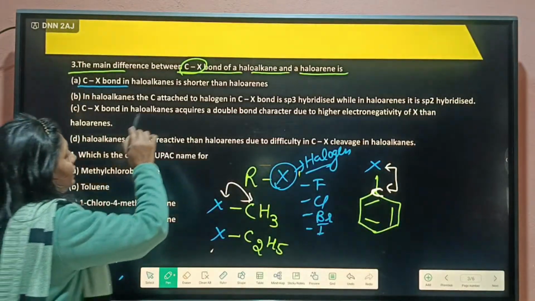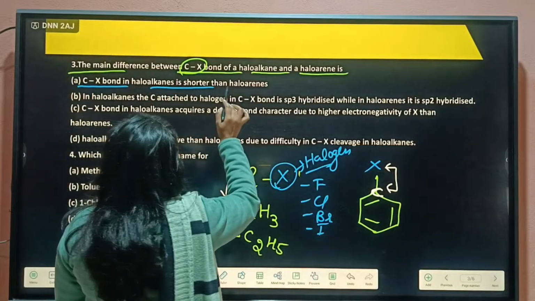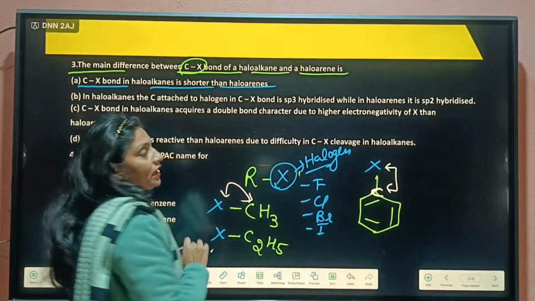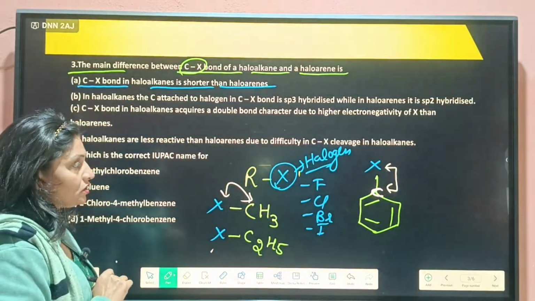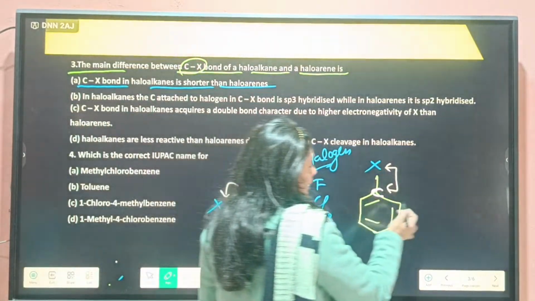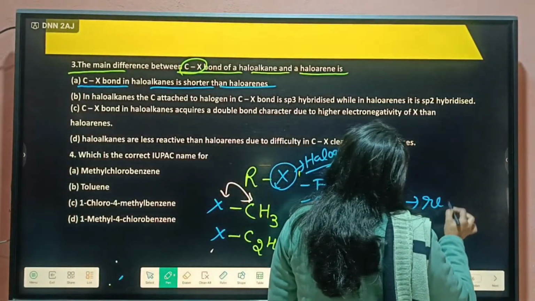CX bond in haloalkane is shorter than haloarene. No, students, you know very well, haloarenes show resonance.